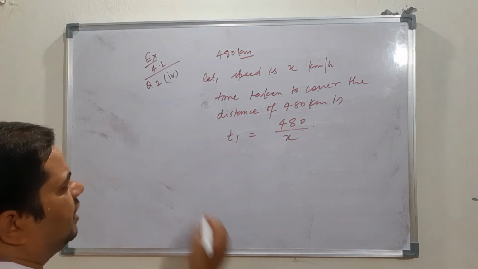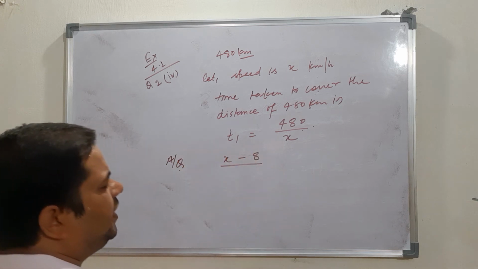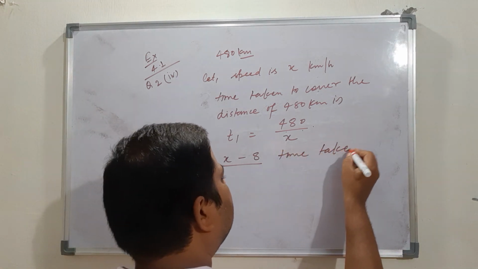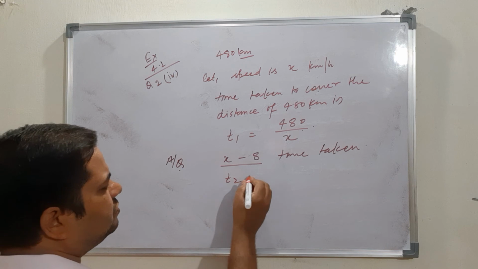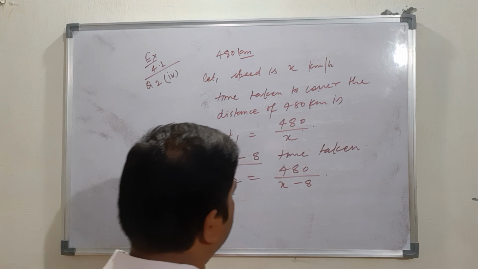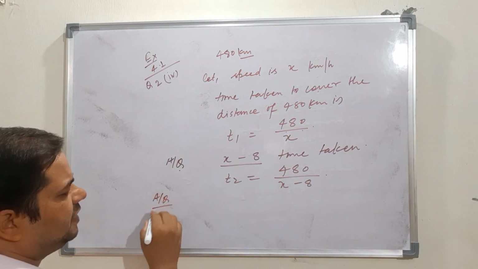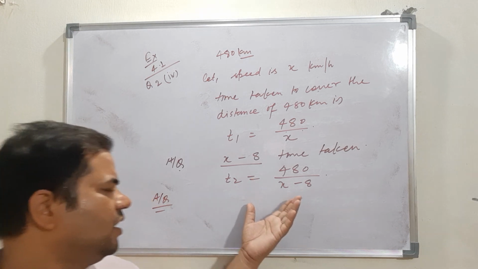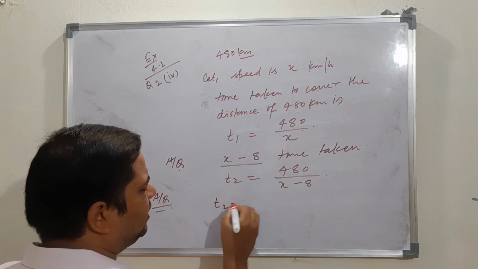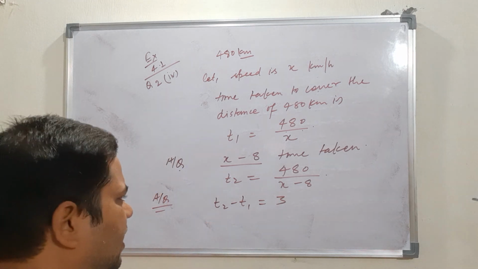Similarly, if its speed were 8 km less, the time taken to cover the same distance is T2, which is 480 upon x minus 8. According to the question, it would take 3 hours more if the speed is 8 km less. So T2 minus T1 is 3 hours, because the difference in time is 3 hours.